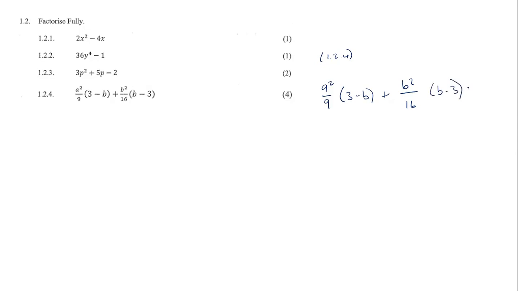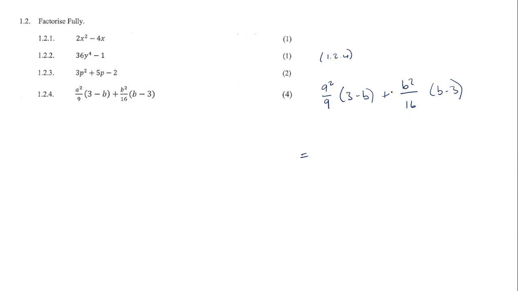Now, how are we going to factorize this expression? This is simple as ABC. Now, this is what is happening. You have two terms, okay, separated by positive sign. Term number 1 and term number 2 is binomial.